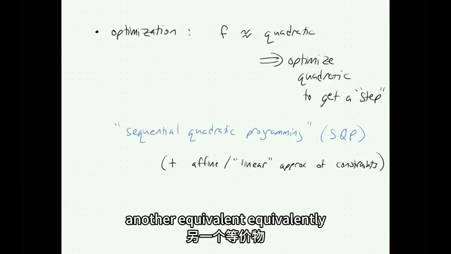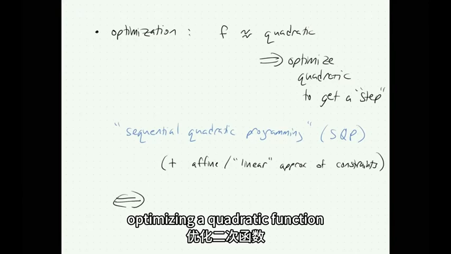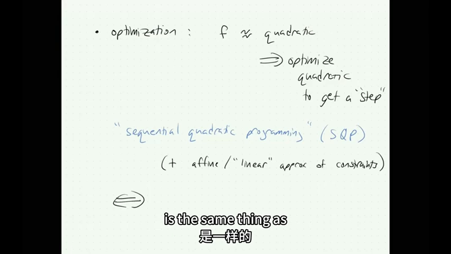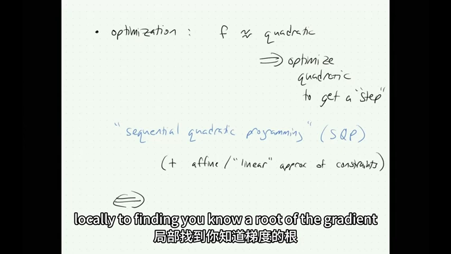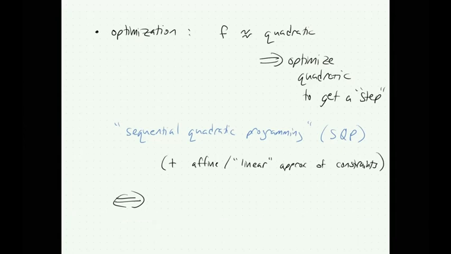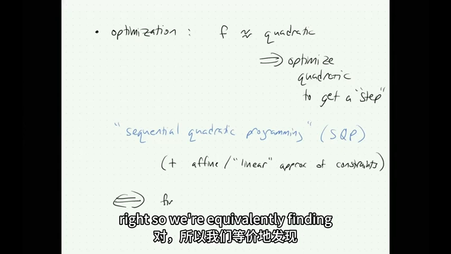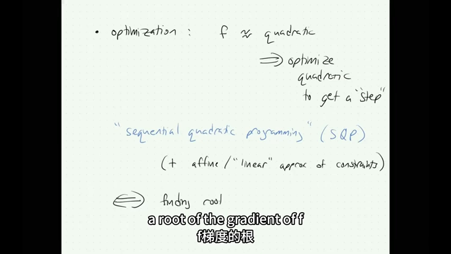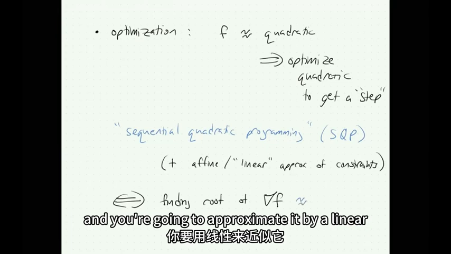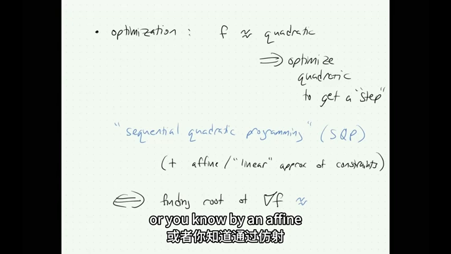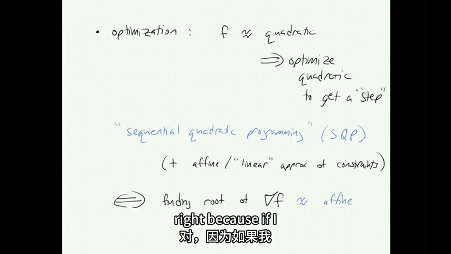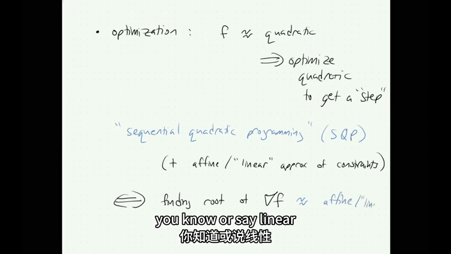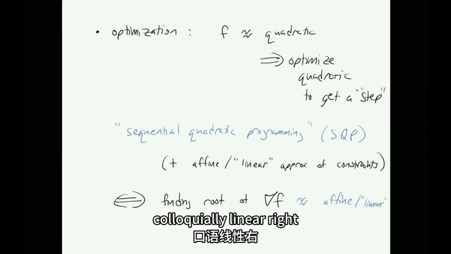Another, equivalently: optimizing a function is equivalent to finding a root of the gradient, right? So we're equivalently finding a root of the gradient of f, and you're going to approximate it by a linear, colloquially linear, right?